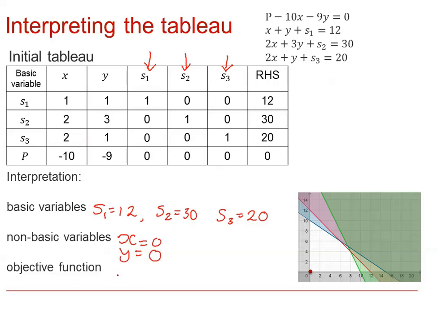And therefore this means our objective function is also 0 since X and Y are 0. The tableau relates to the starting point, which is at the origin on our graphical solution, and obviously at the origin X and Y both equal 0.